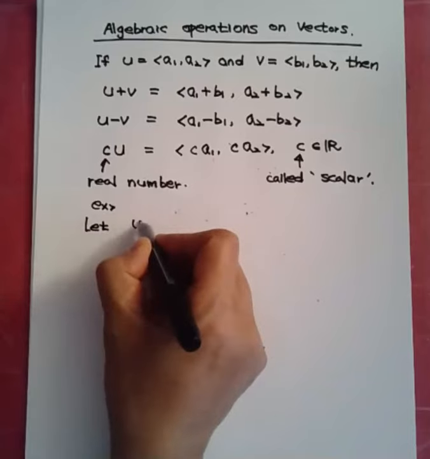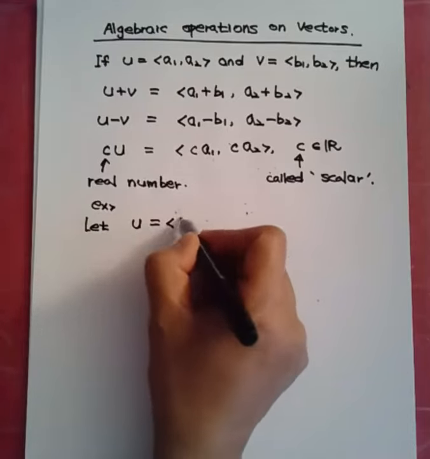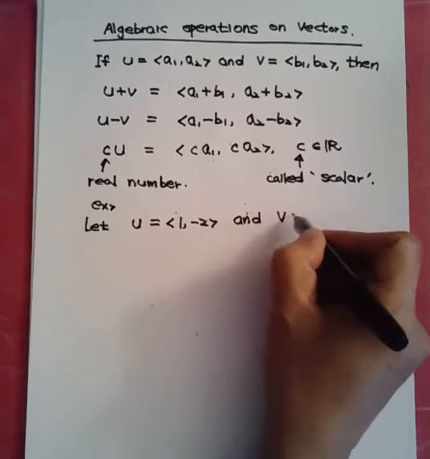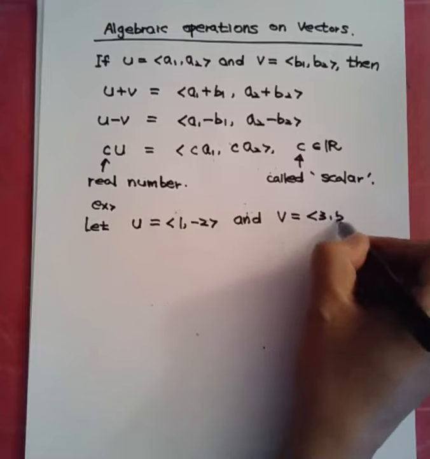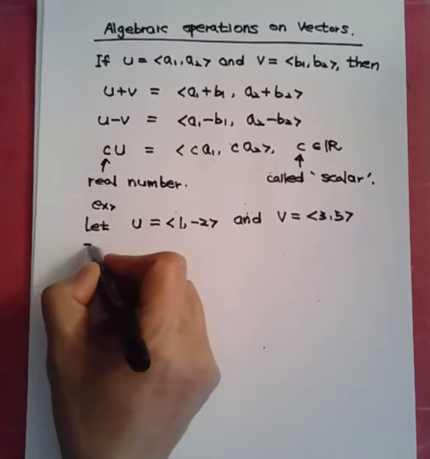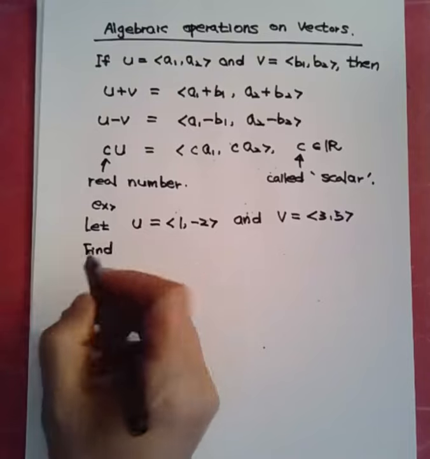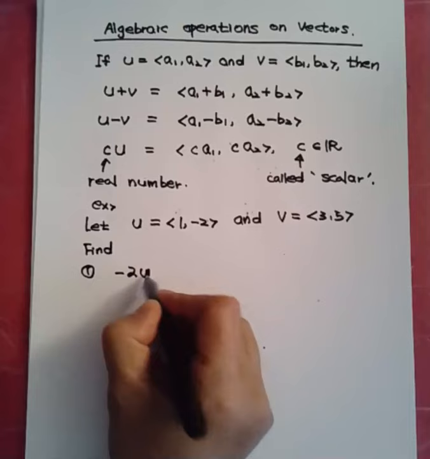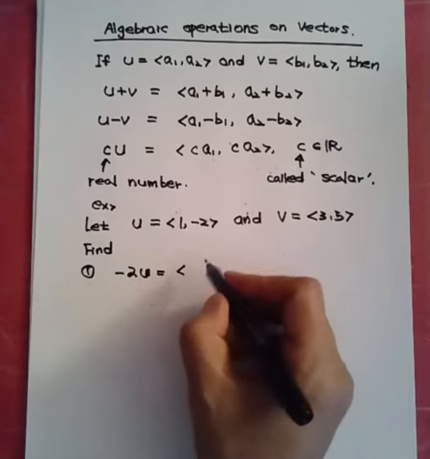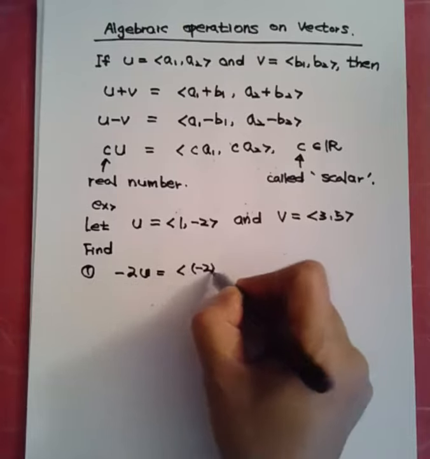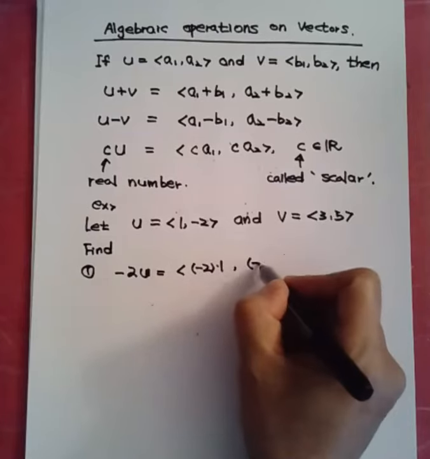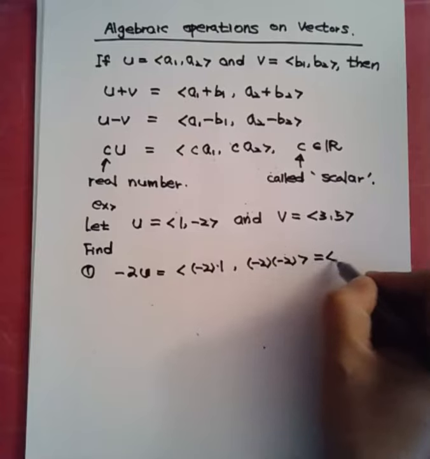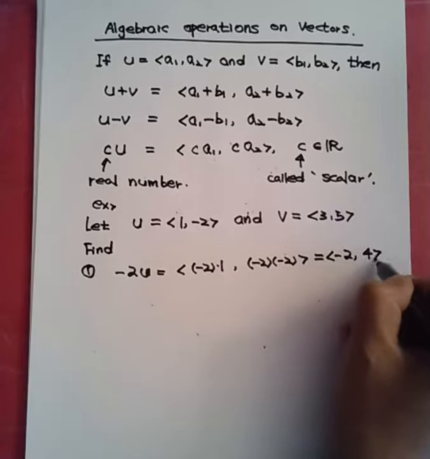Let's suppose that the vector u is ⟨1, -2⟩, and the vector v is ⟨3, 5⟩. We want to find -2u. I said we have to multiply that number to each component. Then we get ⟨-2, 4⟩.